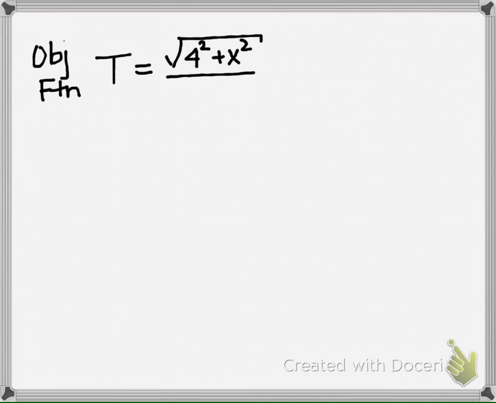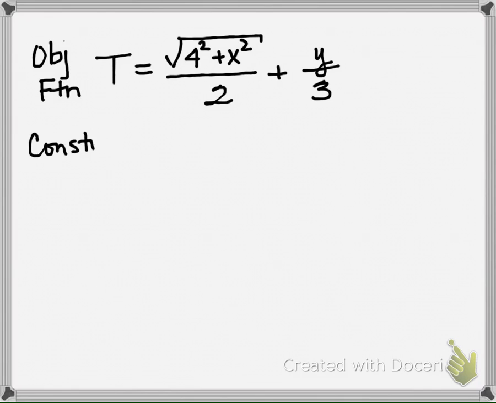So our objective function is we are trying to minimize the time, which is the distance she rows, which is the square root of 4 squared plus x squared, divided by her rowing speed, which is 2, plus the distance she walks, which is y, over her walking speed, which is 3.